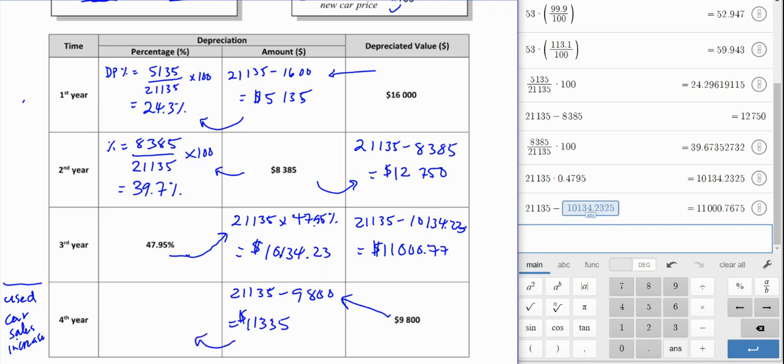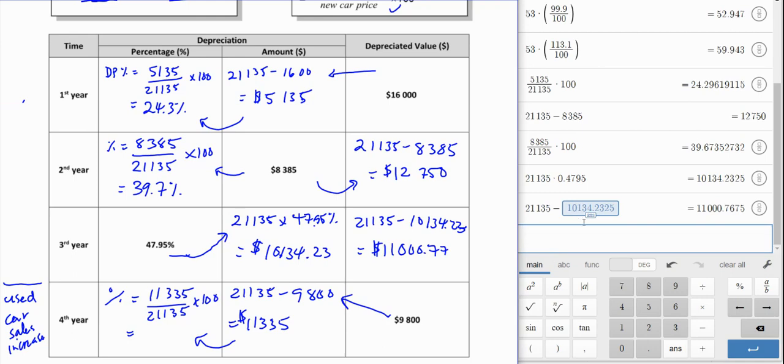Just like following this model, we're going to get the percentage here. The percentage equals 11,335 has been taken off of 21,135, and we're going to multiply that by 100.